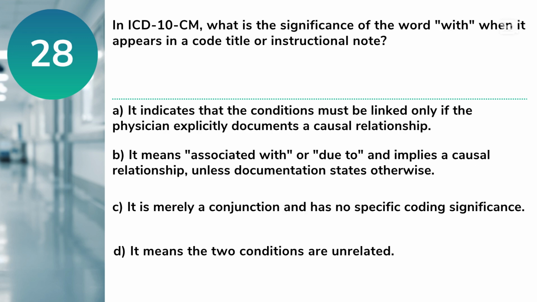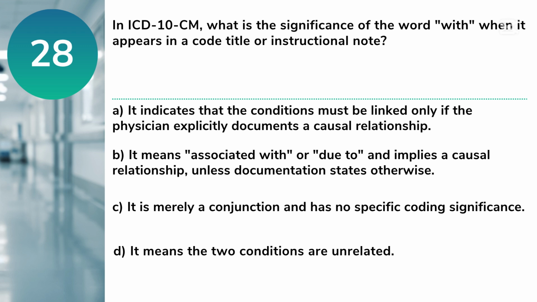Question 28. In ICD-10 what is the significance of the word "with" when it appears in a code title or instructional note? A. It indicates that the conditions must be linked only if the physician explicitly documents a causal relationship. B. It means associated with or due to and implies a causal relationship, unless documentation states otherwise.